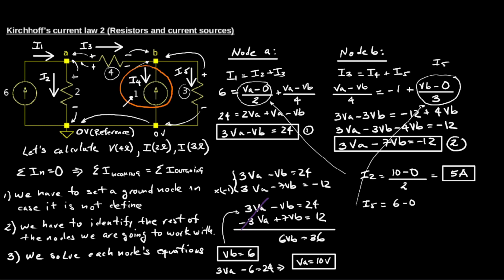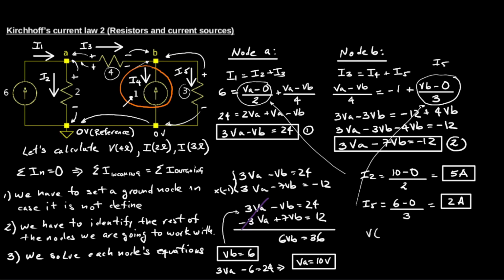Okay, so I5 equals 6, which is the voltage at node B, minus 0 divided by 3. Okay, so the current that is going through the 3 ohm resistor equals 2 ampere.